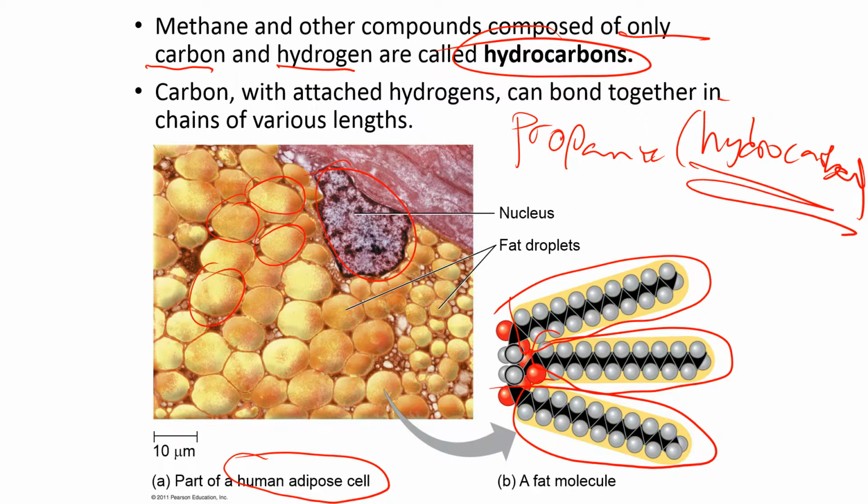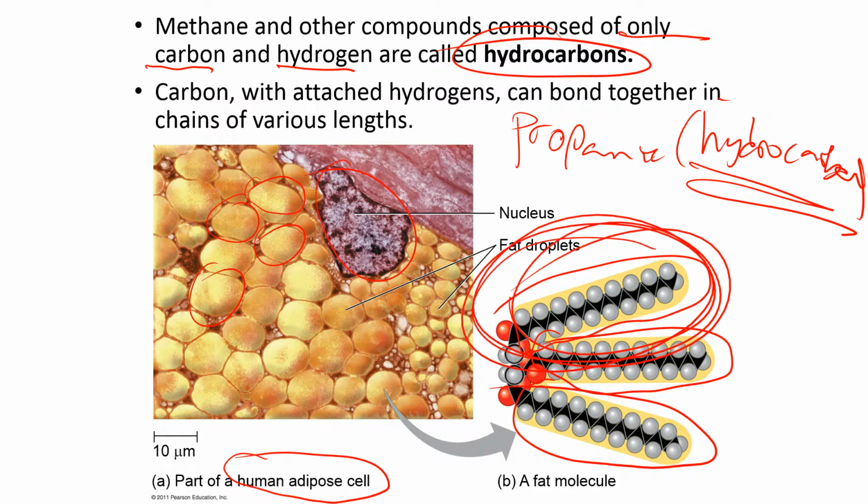Propane we use as a fuel source, as used for heat or something. But also, you look at lipids, look at fats, they're made up of hydrocarbons. These are also a fuel source. So it's pretty cool.